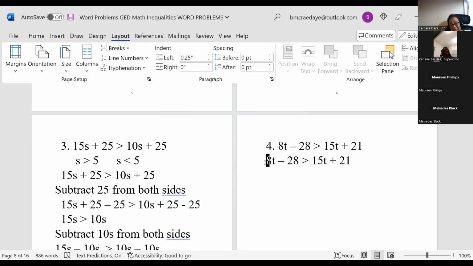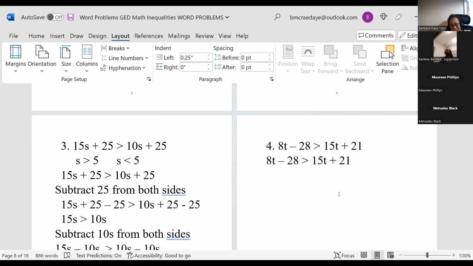Remember, you're trying to get the t's together. If this is plus, you'll have to minus it, right? That's what I mean, 8t is a minus at the top. So that's why I'm changing the sign at the bottom.